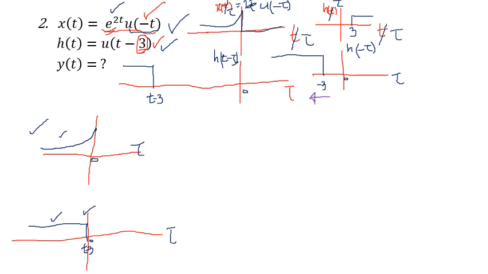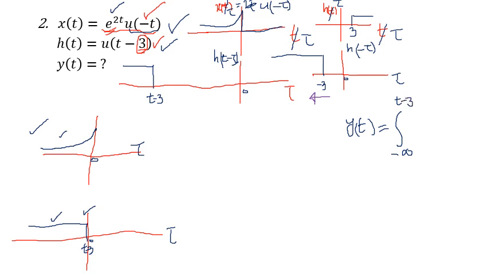So we can write here y of t equals to the integration, and that's because it is non-zero from minus infinity, and this non-zero region continues until t minus 3, right?